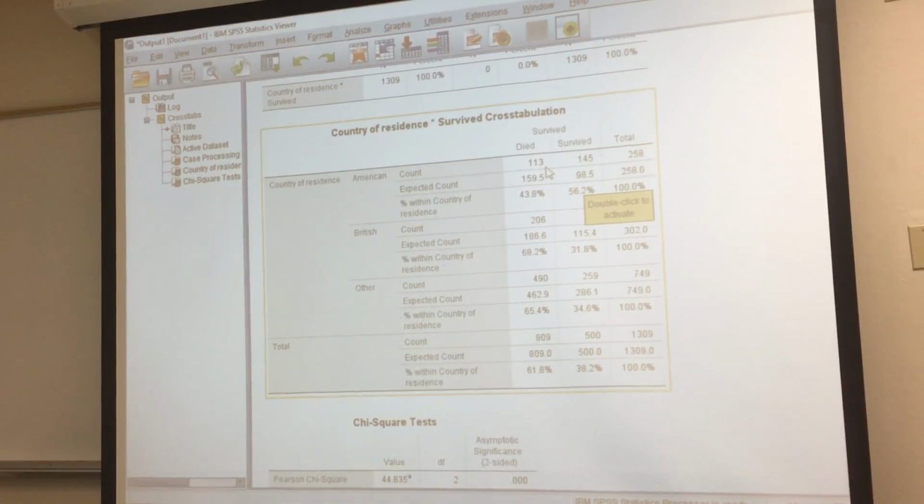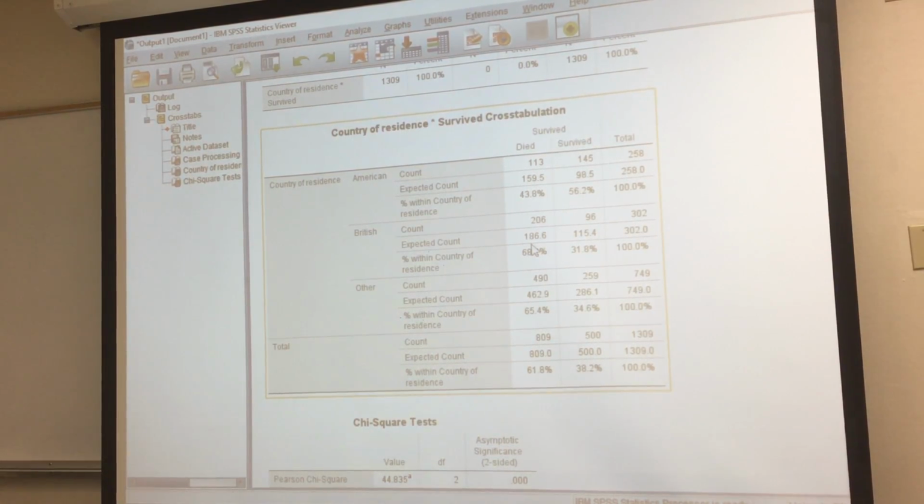So why are they different? Because the chances to die in different groups are different. If you're in the American group, the chance to die is less, and the chance to survive is higher, right? You can see for the British, the expected count of the died people is 186, but the actual count is 206.